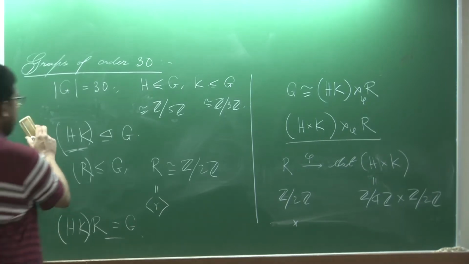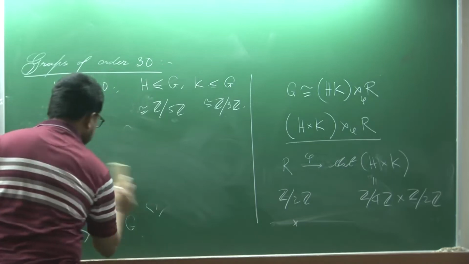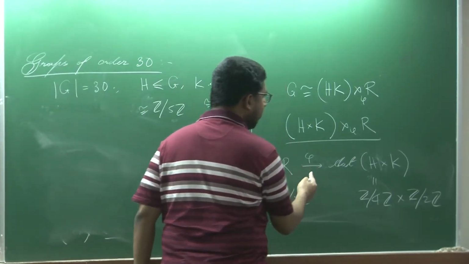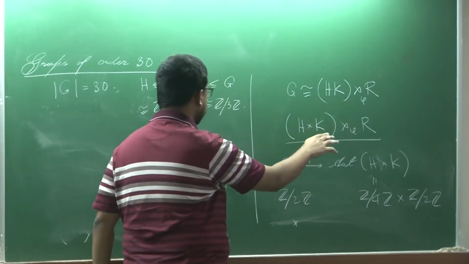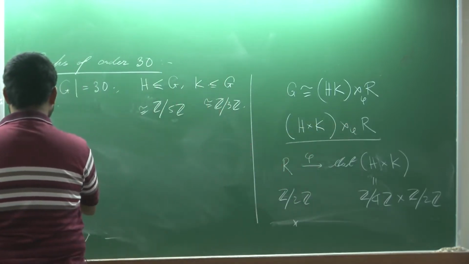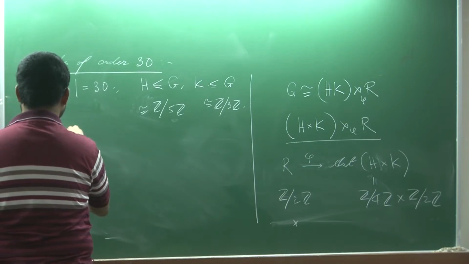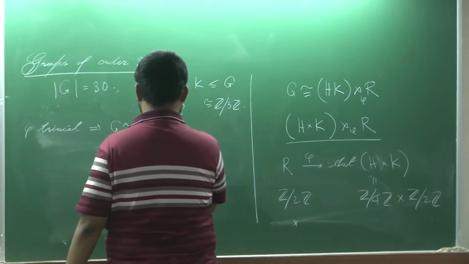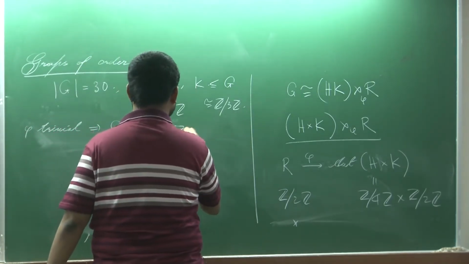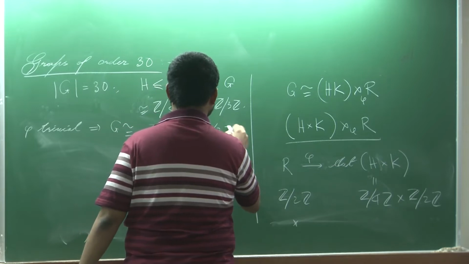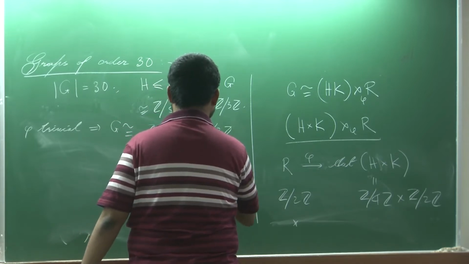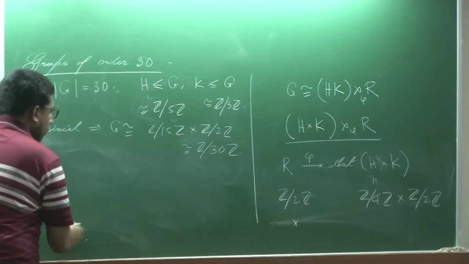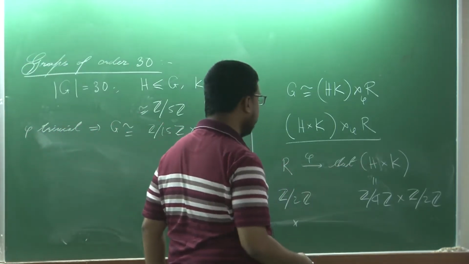If phi is trivial, then G is isomorphic to Z modulo 15Z times Z modulo 2Z, so basically isomorphic to Z modulo 30Z. That is not a problem. So let us talk about the non-trivial one.